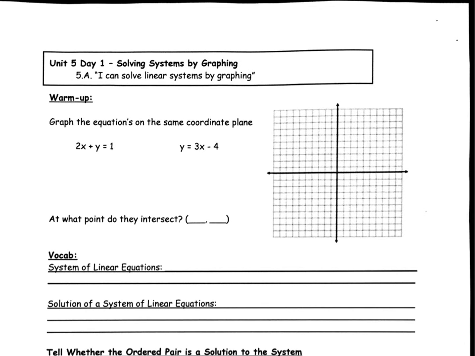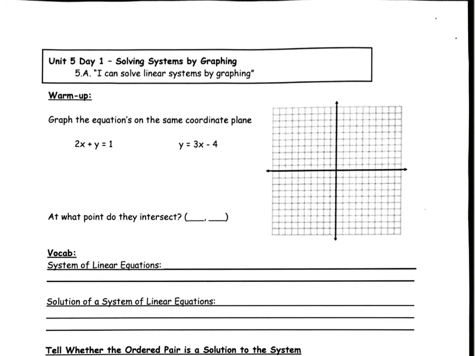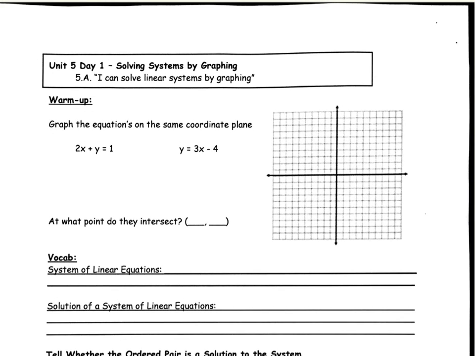So the first one is your teeny tiny table. First of all, I need to figure this thing out. So hopefully, there we go. Teeny tiny table, your x and your y. Put a 0 in for both. Now remember, if you put in 0 for x, you get to cover up the 2x and solve for y, then y equals 1.